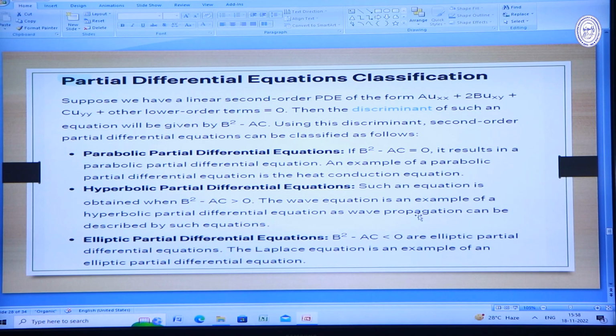The wave equation is an example of a hyperbolic partial differential equation, as wave propagation can be described by such an equation. Elliptic partial differential equations: b square minus ac less than 0. The Laplace equation is an example of an elliptic partial differential equation.